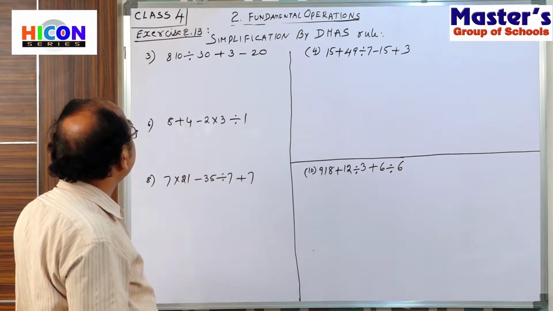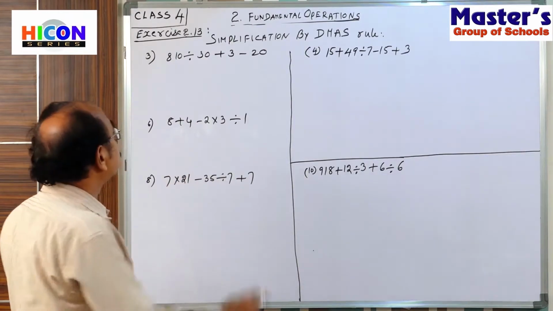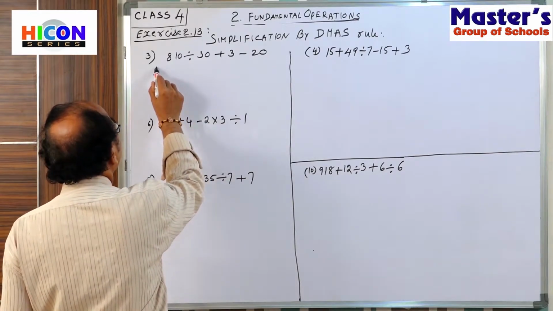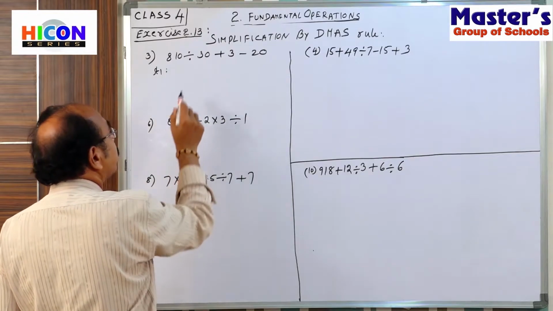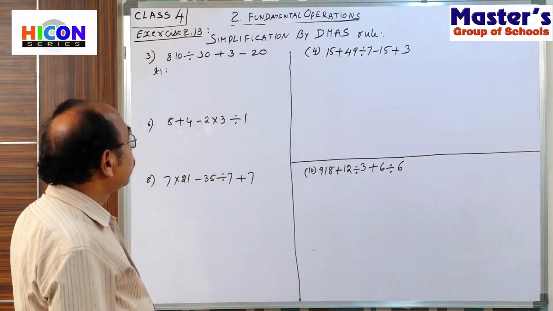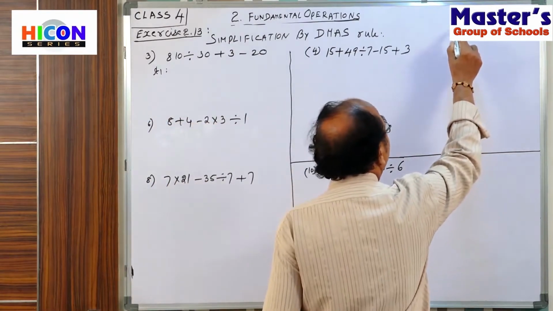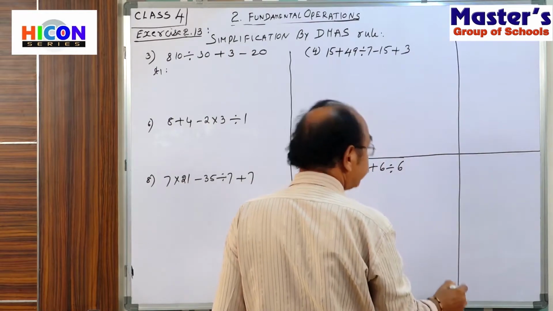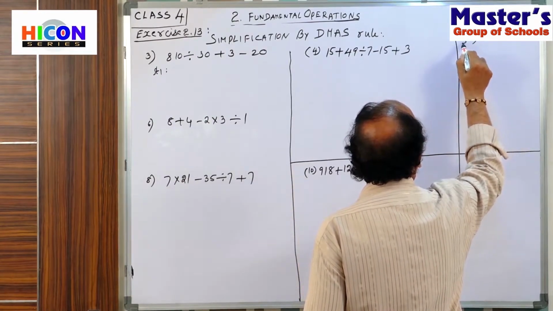So divide 810 by 30. Step 1, division. You can use the margin.